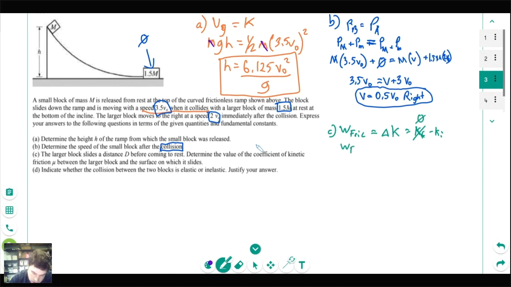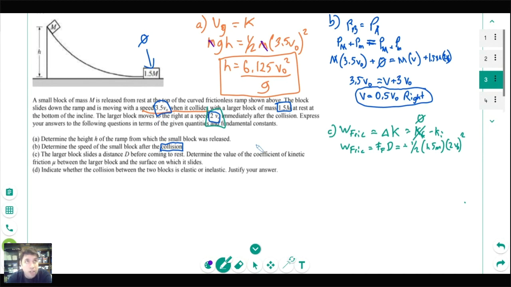So the work done by friction must be equal to a force of friction times a distance d, and that is equal to negative 1/2 1.5 m 2v naught squared. So plugging in all of our stuff we're given, 1.5 m for the mass, 2v naught squared for the speed immediately after the collision. So again, we're using that speed right there. And now we just go through and solve this.